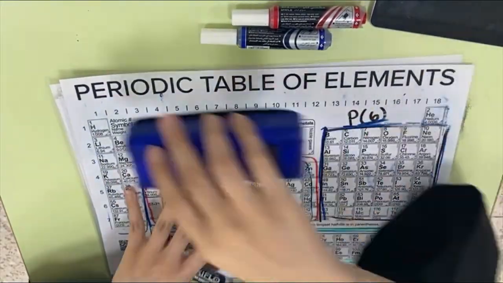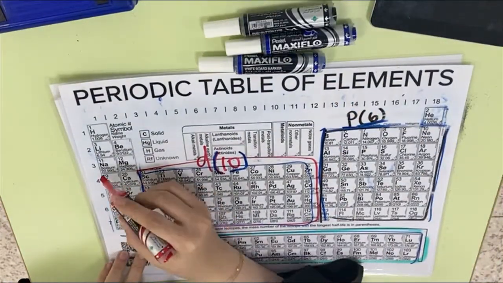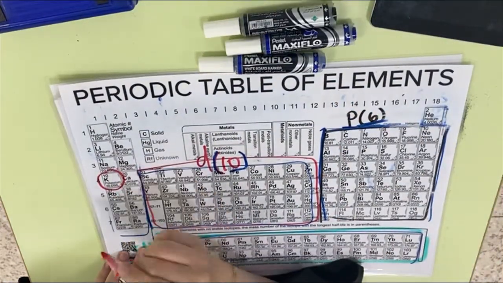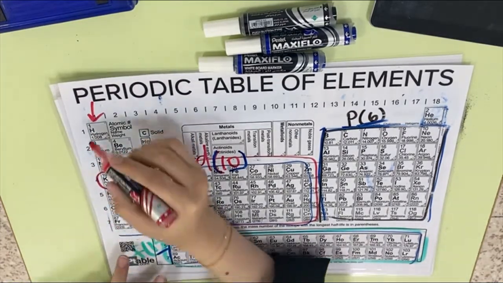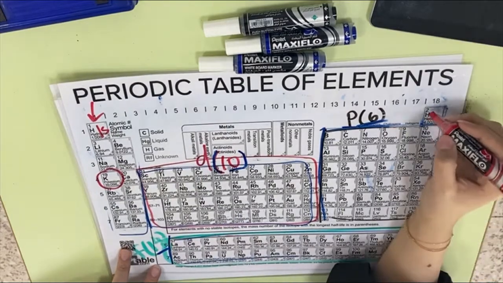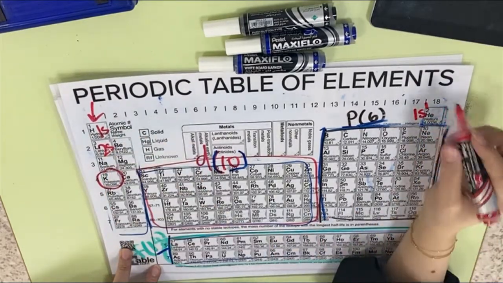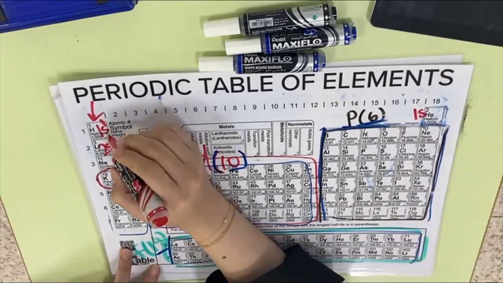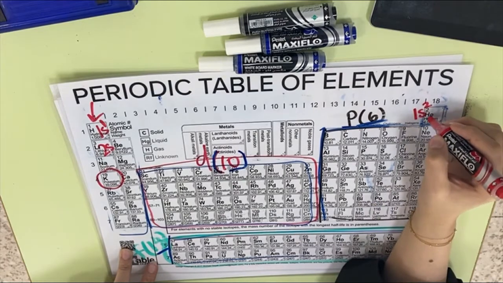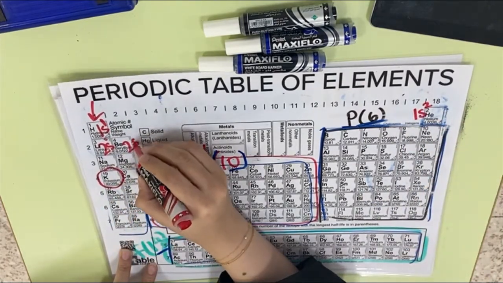Where is potassium located? Potassium is here. It's in the 4th row and still in the S block. Let's start. 1s1, 2s. Oh, we made a mistake. 1s1 for hydrogen, 1s2 for helium, 2s1, 2s2.